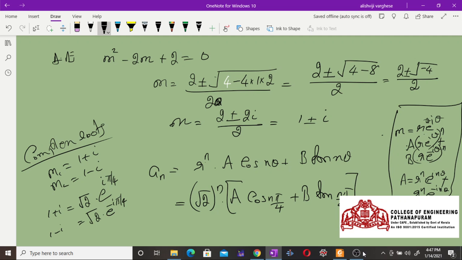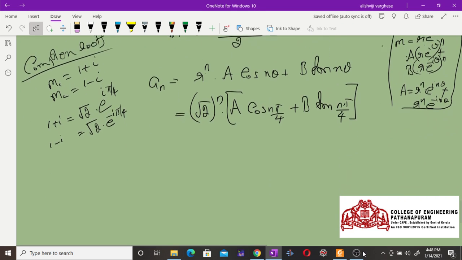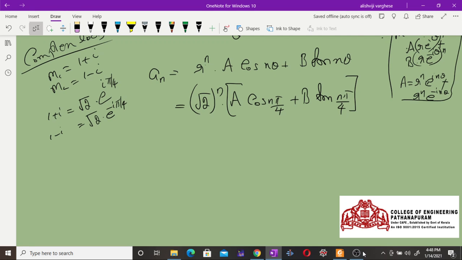So if you rewrite in polar form, the final solution for a_n is independent of any complex values. But if you use the roots as they are in complex form, in Cartesian form, then the solution will be of the form a_n is equal to a into (1 plus i) raised to n plus b into (1 minus i) raised to n.